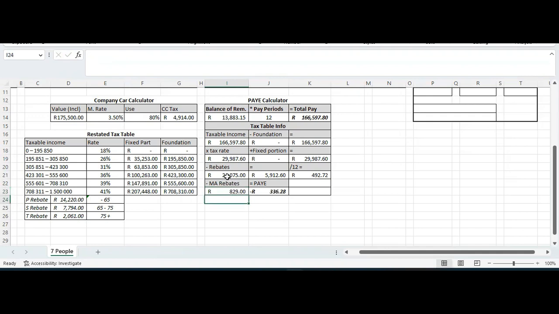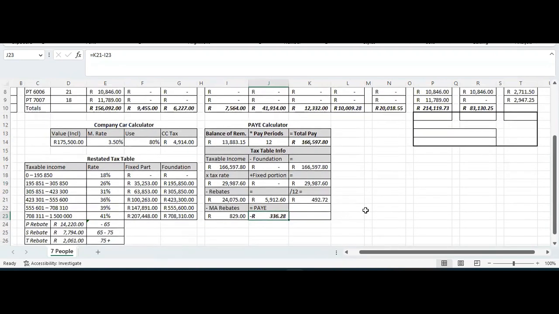So these rebates totals that he qualifies for is 829, which means that his pay as you earn is actually minus 336. Now, there is no way ever that SARS is going to give you money just because you're old. They do have an old age pension, but he doesn't qualify for this.